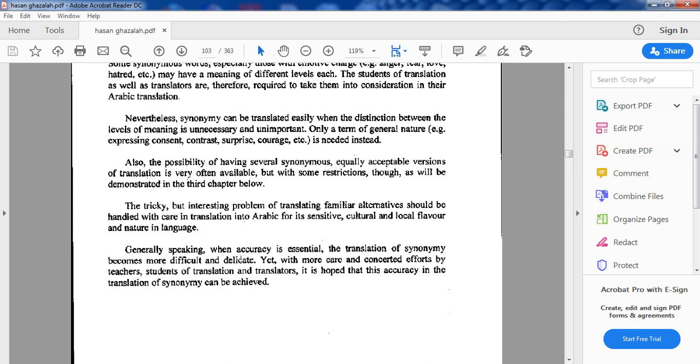So you have to pay special attention. Yet with more care and concentrated efforts by teachers, students of translation and translators, it's hoped that this accuracy in the translation of synonymy can be achieved.